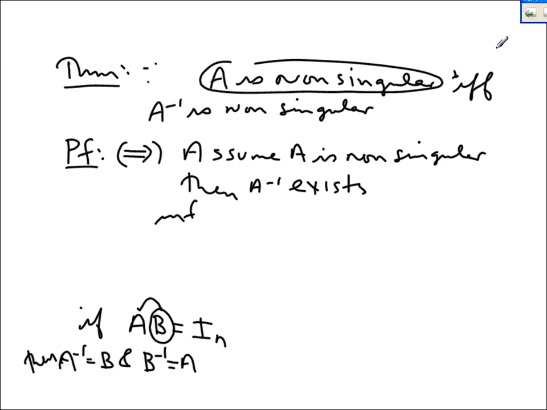In fact, A times A inverse is the identity. Now, don't get caught up with the name of that matrix. If A times B is the identity, then B is the inverse of A. This matrix is the inverse of A.